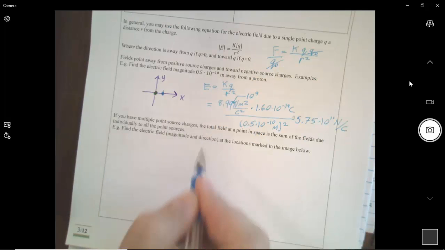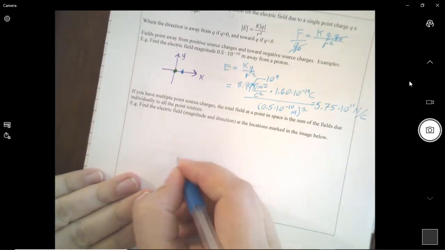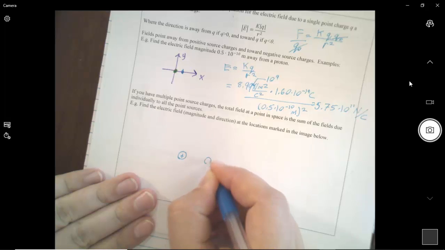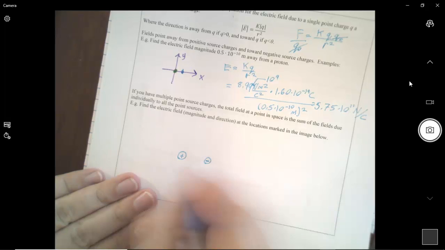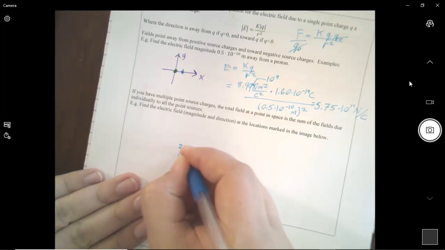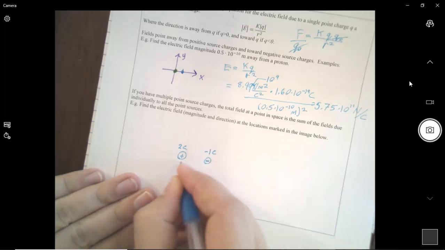Let's look at an example where we have the electric field due to more than one charge. So we will use simple numbers, not realistic numbers, but simple ones. We'll say that this is 2 coulombs and this is negative 1 coulomb.